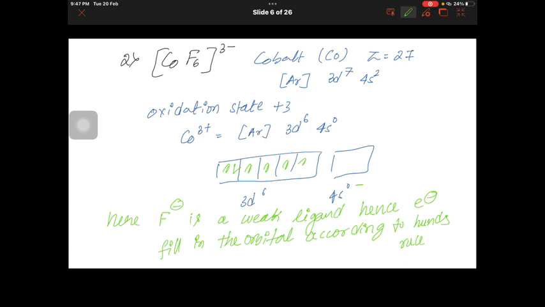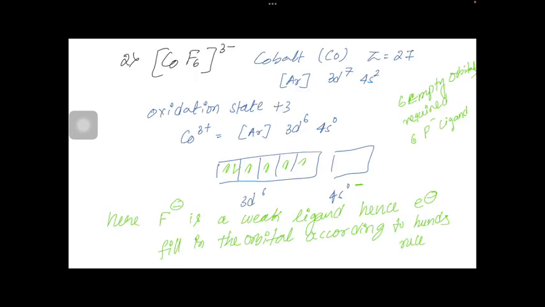So only one empty orbital we get; a total of 6 empty orbitals are required because of 6 F minus ligands. So for that we are going to take 4s, 4p and 4d.